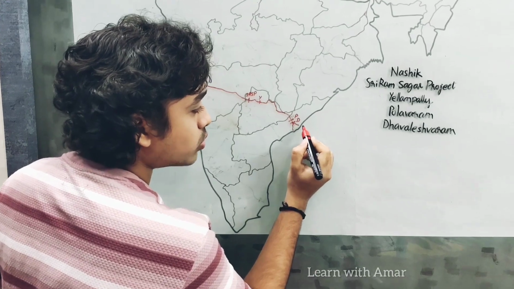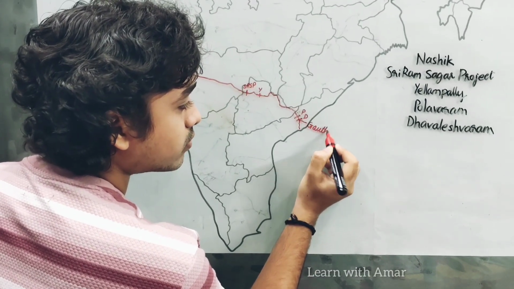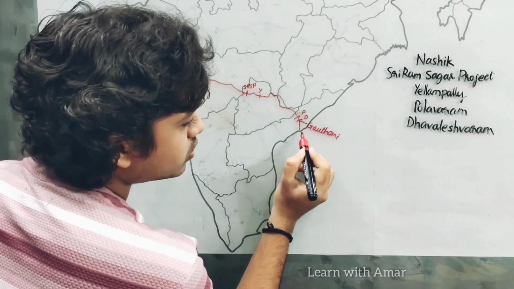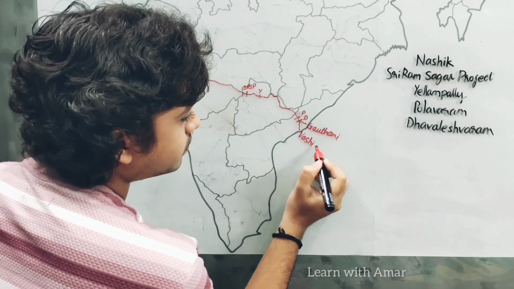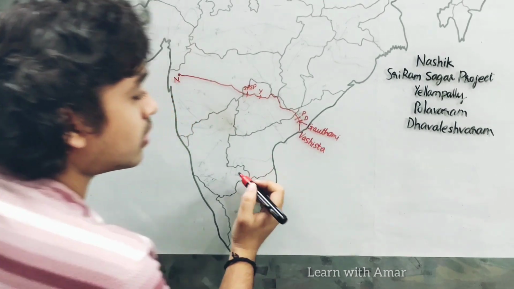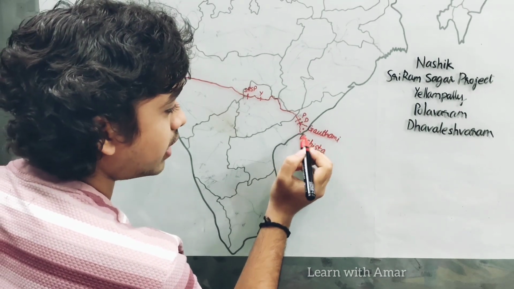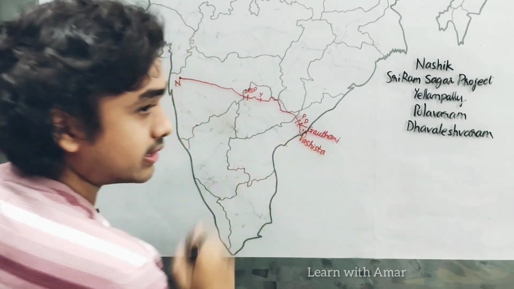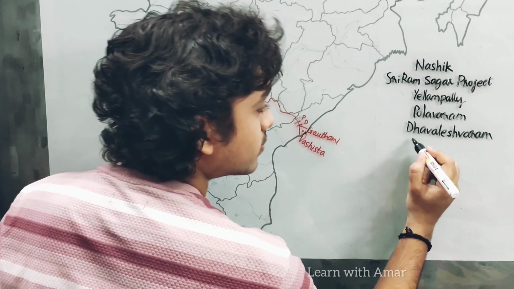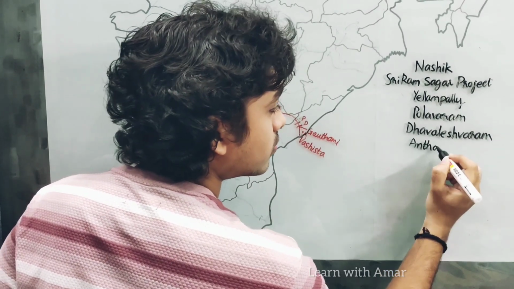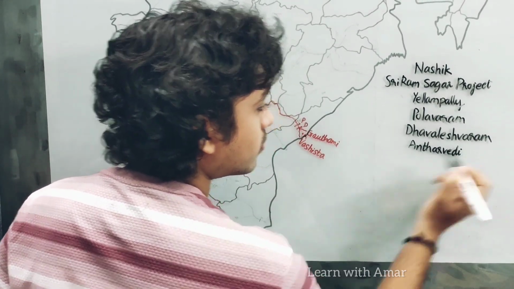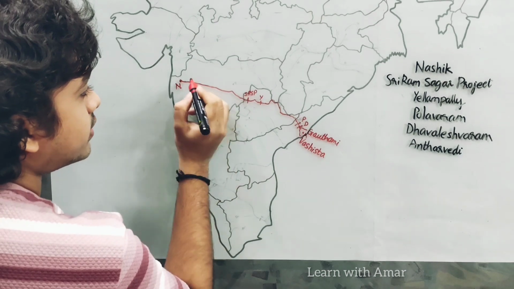This part is known as Gautami and this one is known as Vasishtha. So the Godavari empties into the Bay of Bengal at Antarvedi. So this is Godavari.